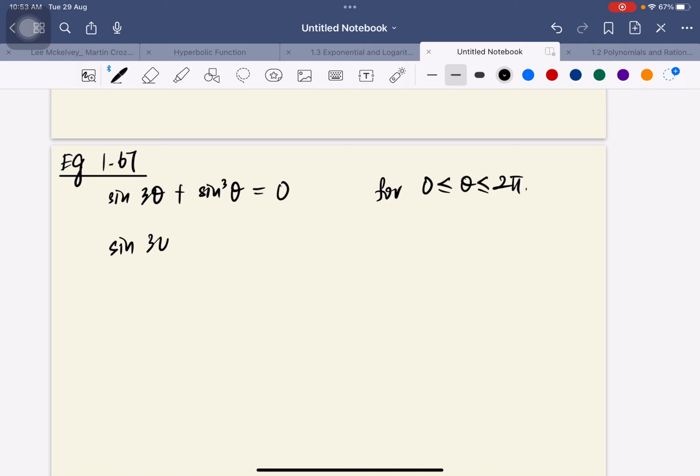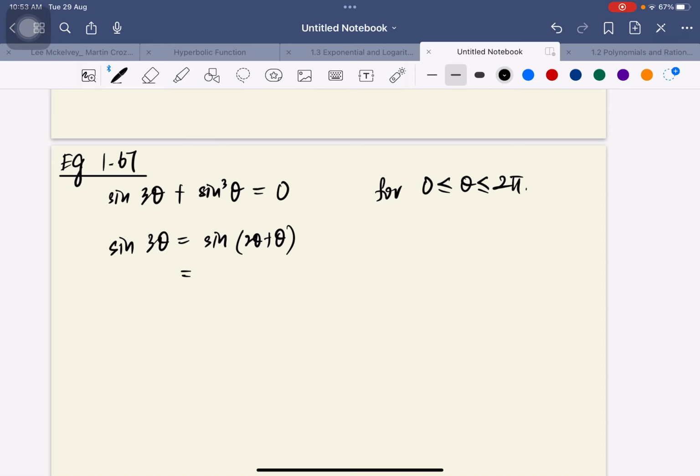the compound angle formula. Sin 3 theta can be written as, okay, we know that 3 theta is a combination of 2 theta plus 1 theta, right? And from here we can use the compound angle formula, which is sin (A plus B) equals sin A cos B plus cos A sin B. That formula, the compound angle formula.